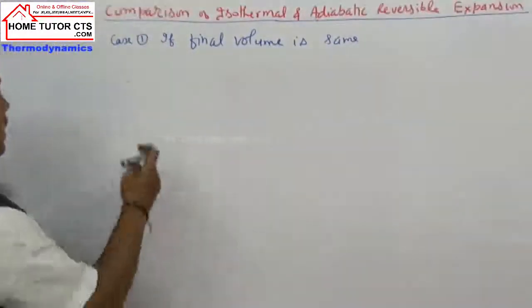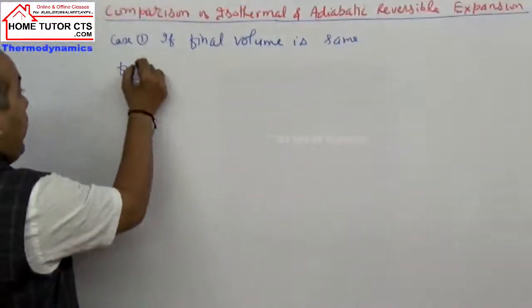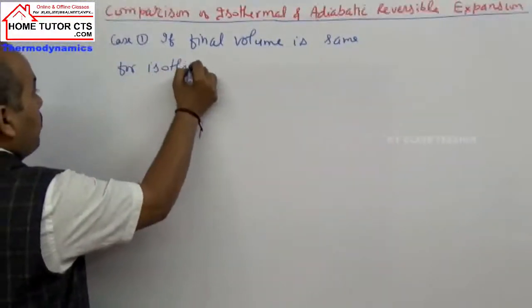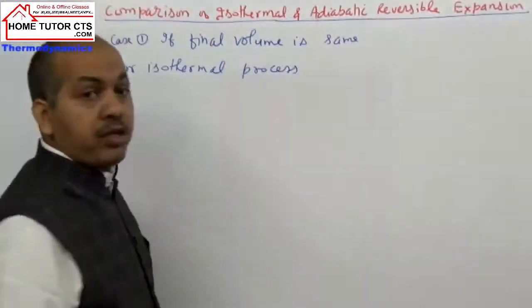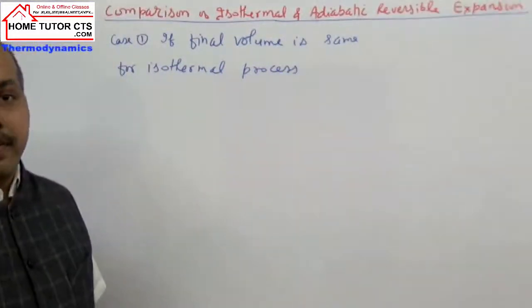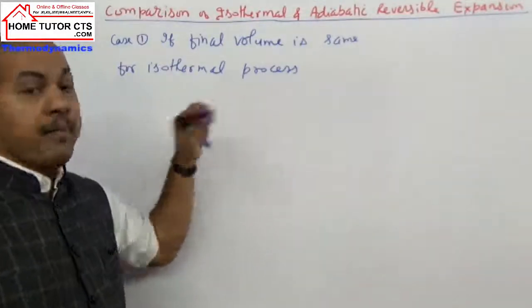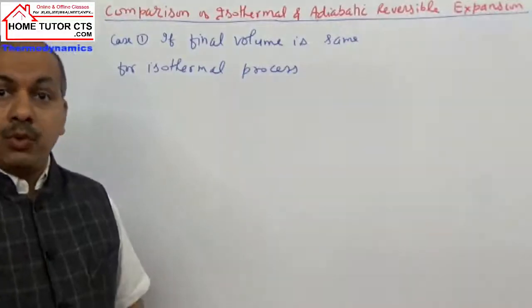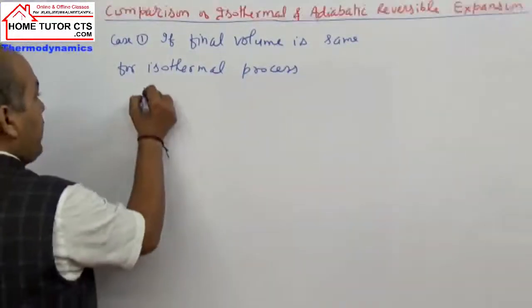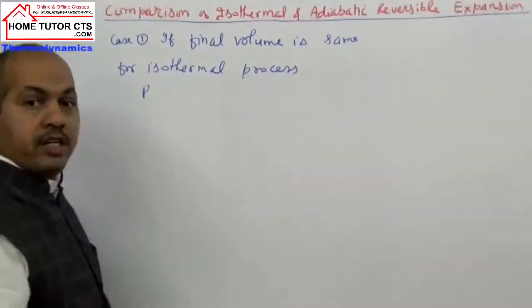Now we know that for an isothermal process, if for the gas the number of moles is the same and the temperature is the same, the relation of pressure and volume can be expressed using Boyle's law, P1 V1 is P2 V2.